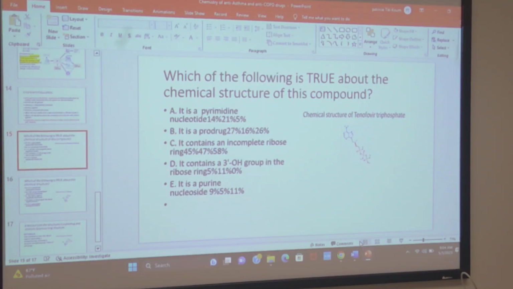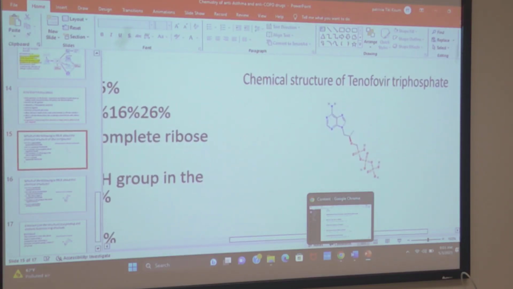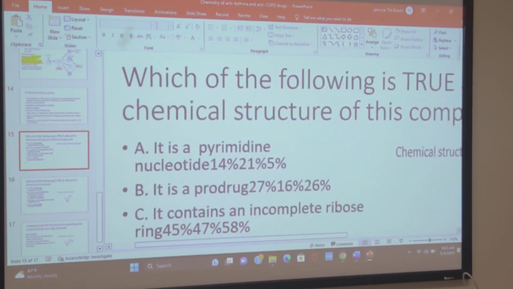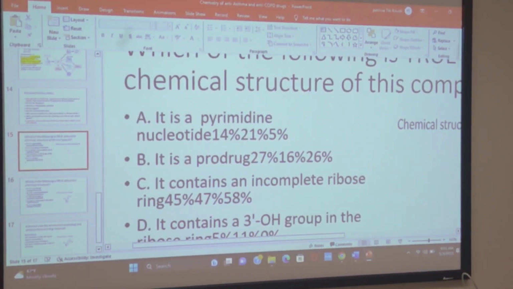Now let's do this. Which of the following is true about the chemical structure of this compound? I'm sorry, it doesn't show up big. Here, it's talking about tenofovir triphosphate. When you say tenofovir triphosphate, it has to be a nucleotide, right? And is it a pyrimidine?